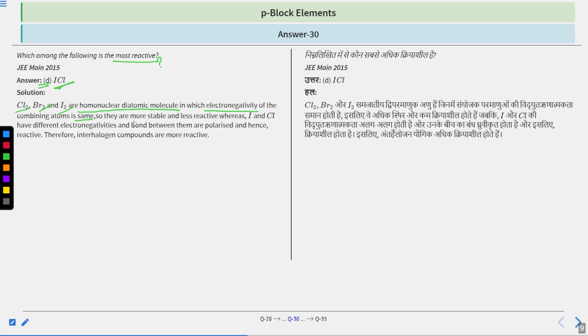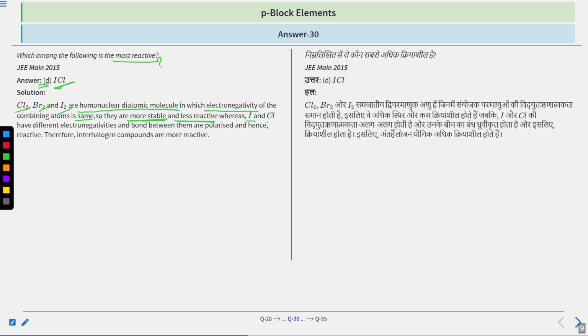Because if the molecule is stable, it will be less reactive. Because it is stable, why would it react with anyone? Because of no electronegativity difference, since the same atoms are joining in a diatomic molecule, the molecules are more stable and hence have less reactivity.